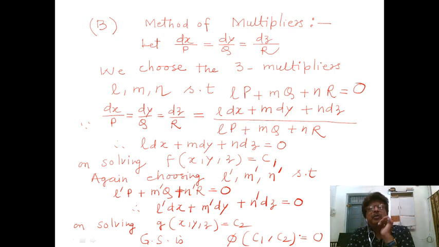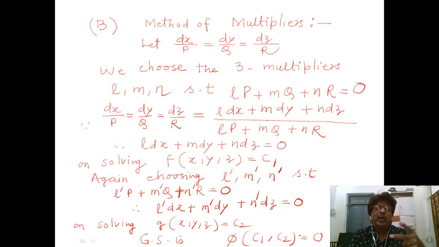You must get LP plus MQ plus NR equal to 0 and L dash P plus M dash Q plus N dash R equal to 0. That is the condition. And directly integrate L dx plus M dy plus N dz in the first half. In the next half, L dash dx plus M dash dy plus N dash dz.